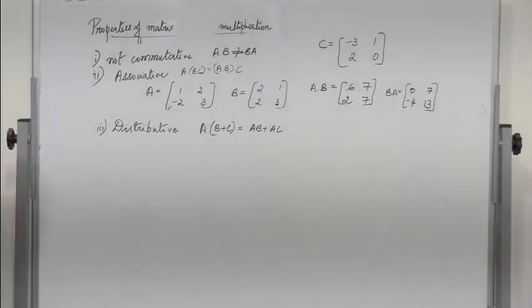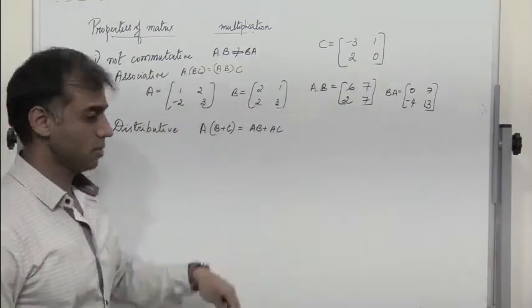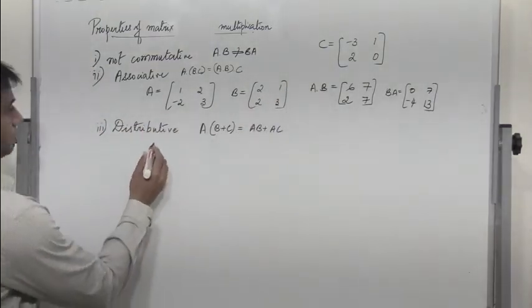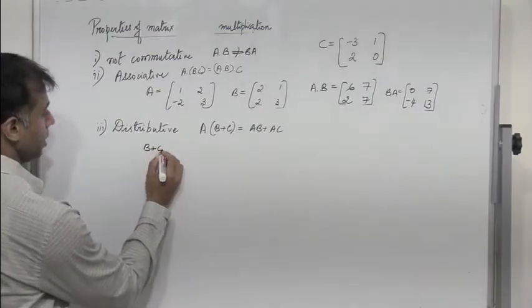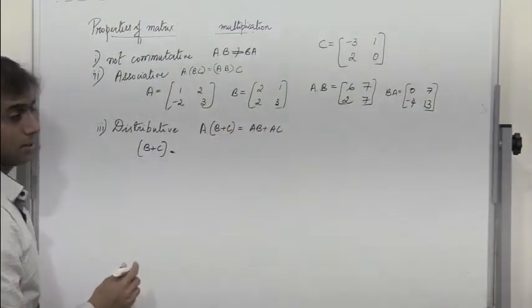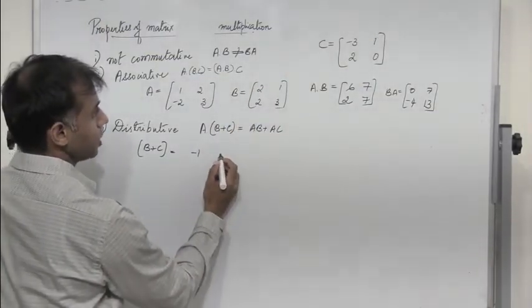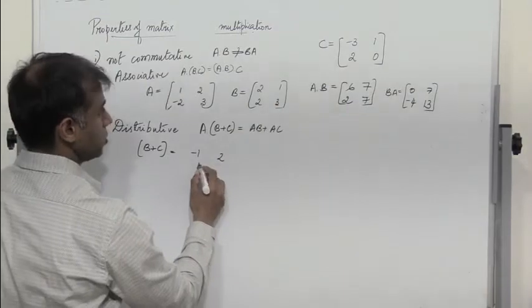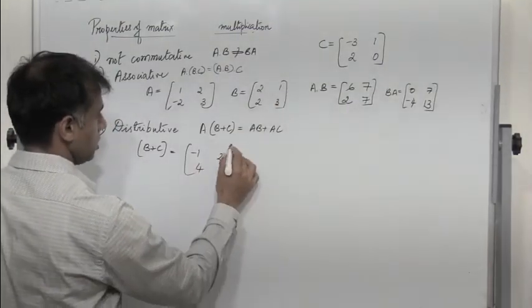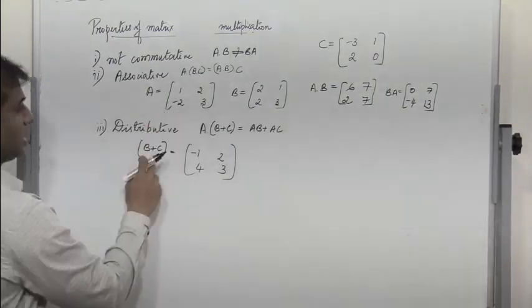So let us prove this by using these three matrices. So the first one is B plus C. Matrix B plus C, adding the individual elements. 2 plus minus 3 is minus 1. 1 plus 1 is 2. 2 plus 2 is 4. 3 plus 0 is 3. Right? So now let me multiply A into (B plus C).